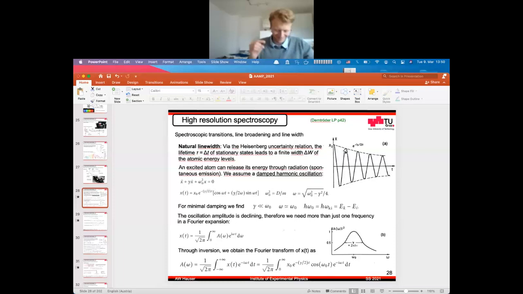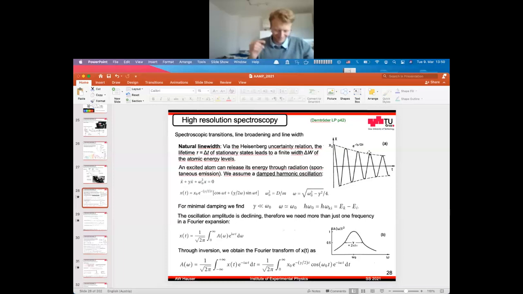And if you do a Fourier transform or a Fourier expansion of the signal, you will see that you will need more than just one frequency in order to get a pattern with a declining amplitude, right?